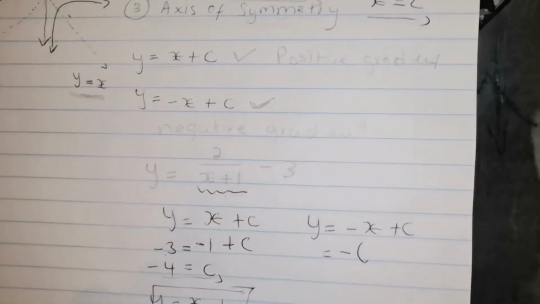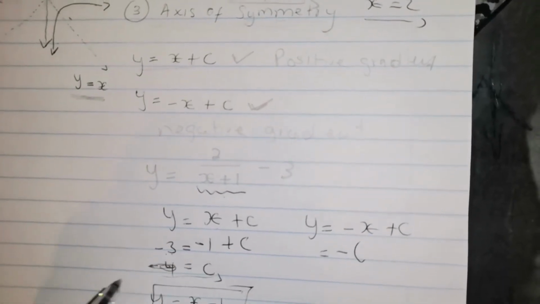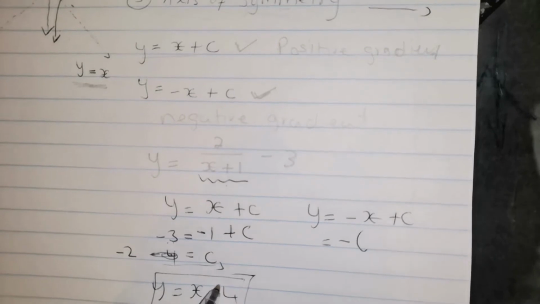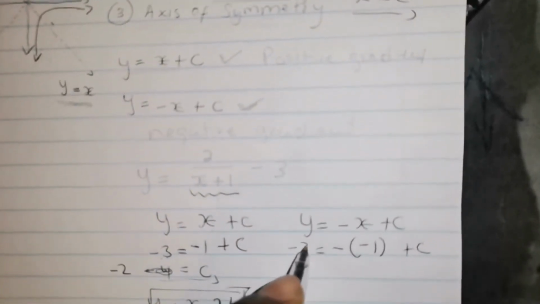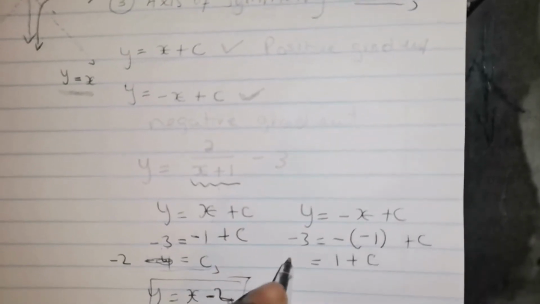Guys, please forgive me. -3 plus 1 is -2, so you're going to have -2 here. That's how you simplify it. I hope you understand why I made the mistake. Here x is -1 plus c, and our y is -3. Negative times negative is +1, so 1 plus c is equal to -3.